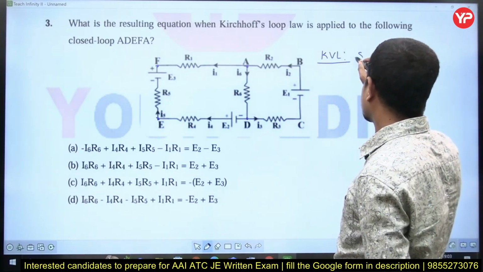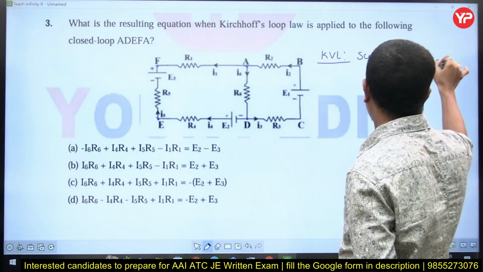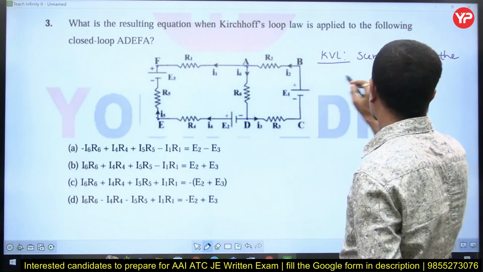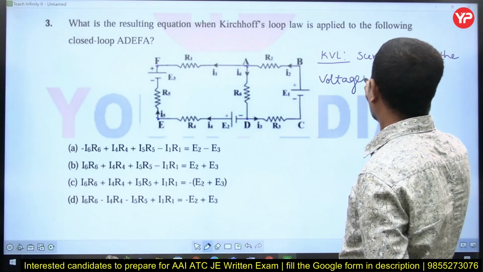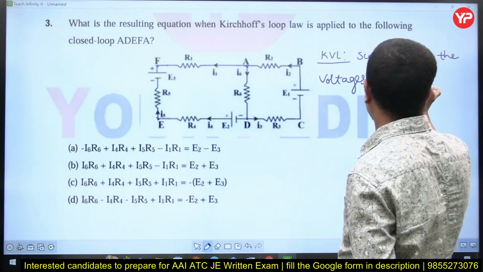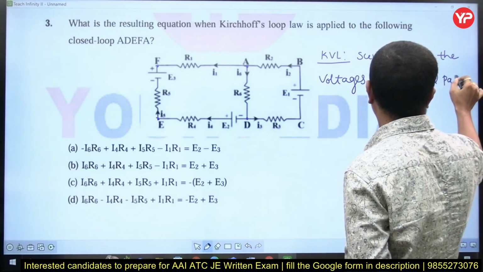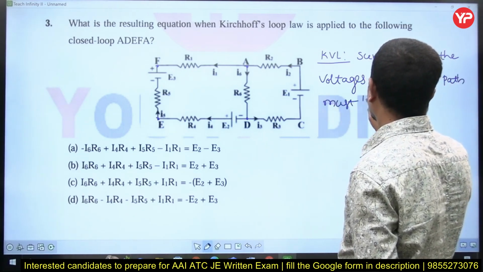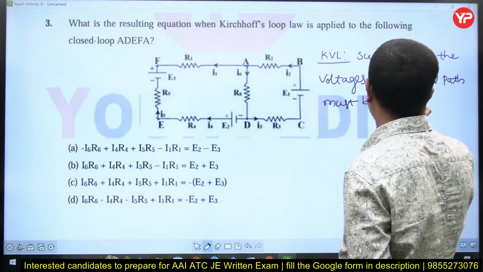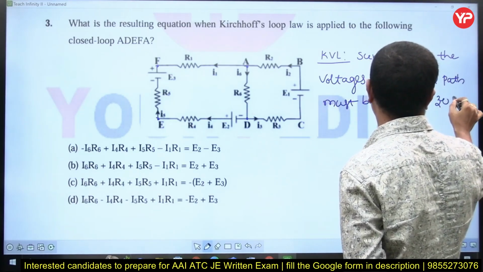It says that the sum of all the voltages in a closed path must be equal to 0. This is one point.